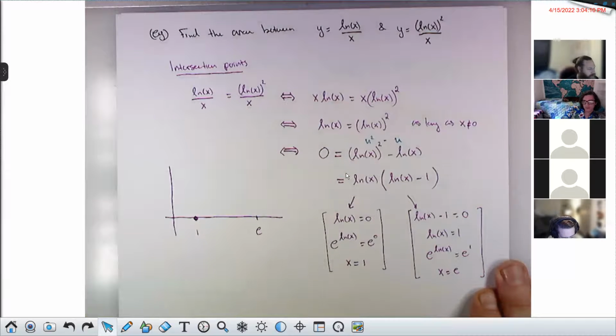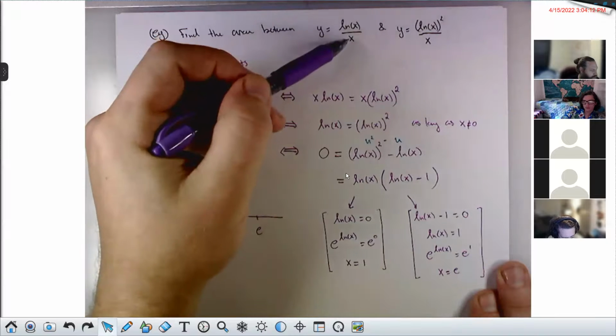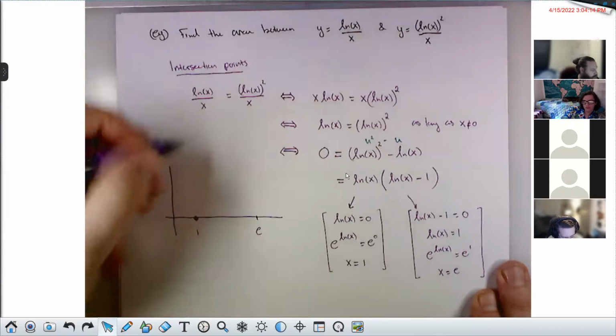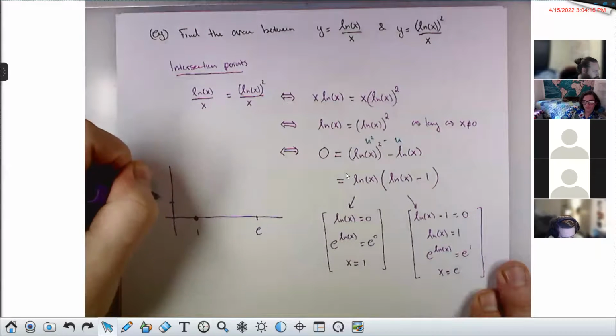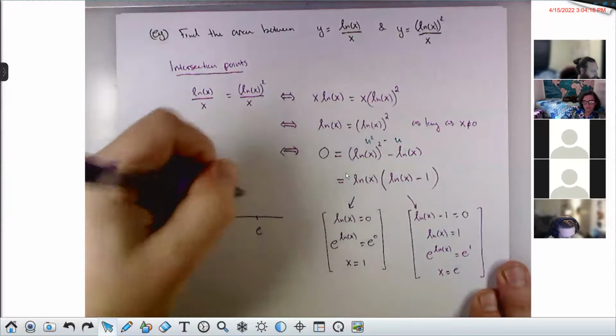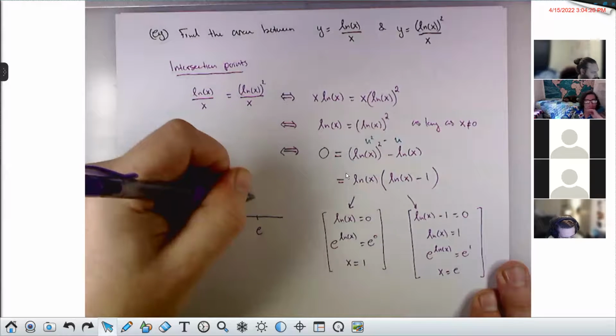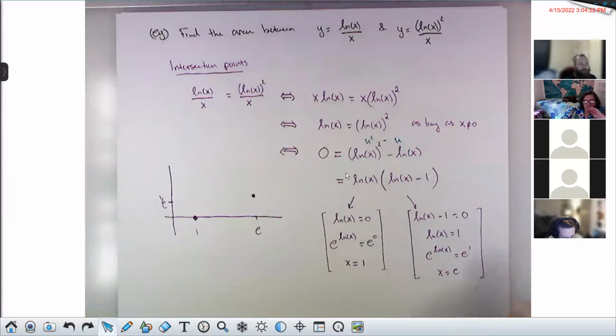If I plug in e, then this is going to be 1 over e. So the intersection point there has y value 1 over e. Something like this. And between those, one is always above the other, right? Because the only way for them to trade places would be to cross, which would mean we have another intersection point, but these are the only two.